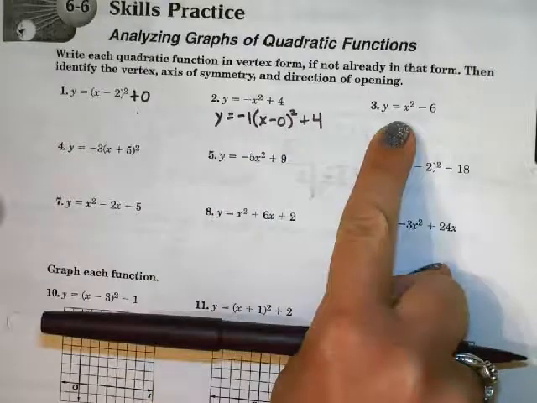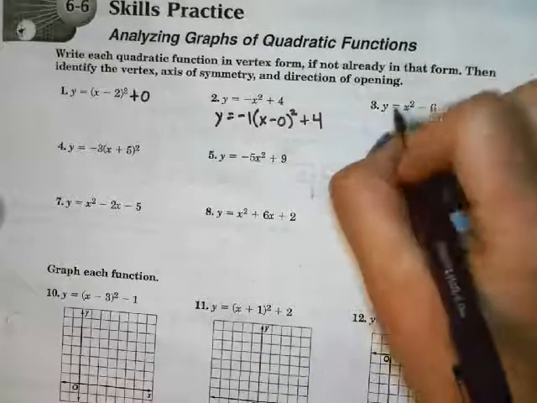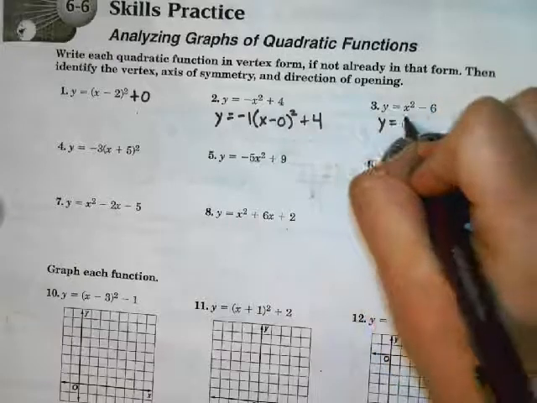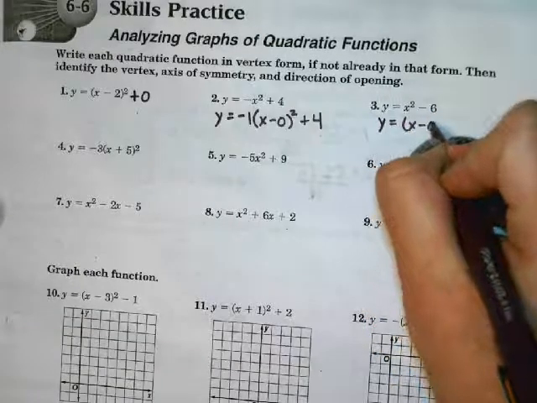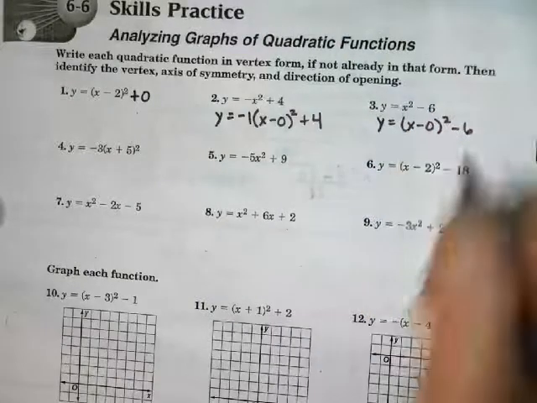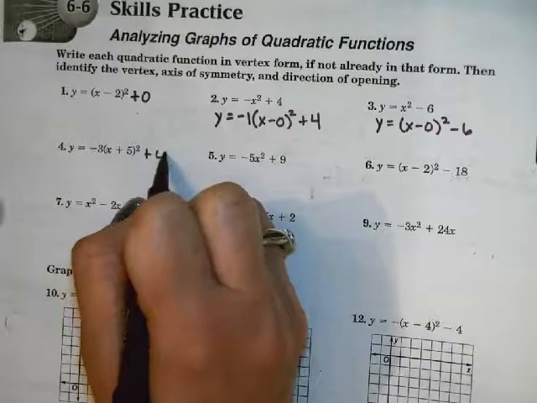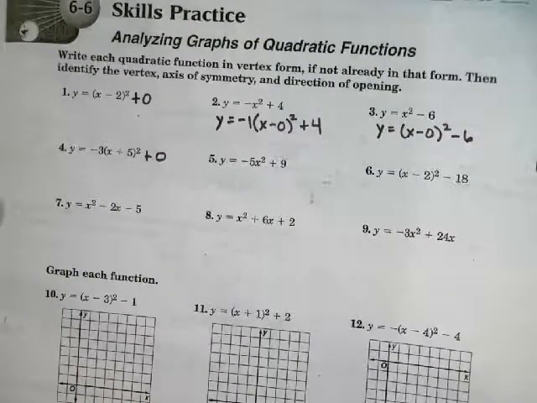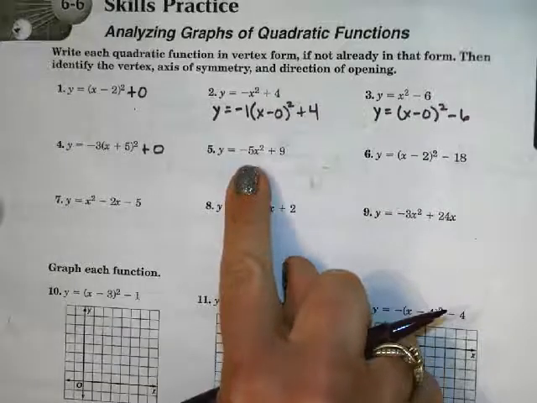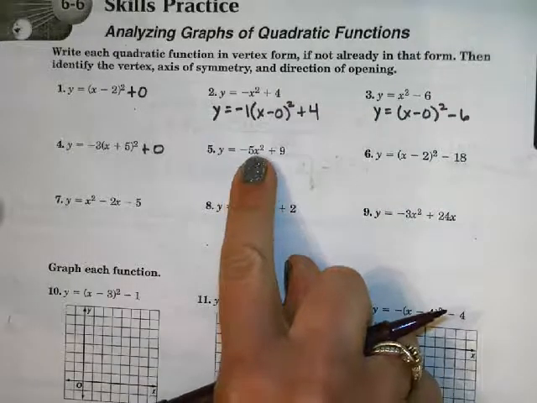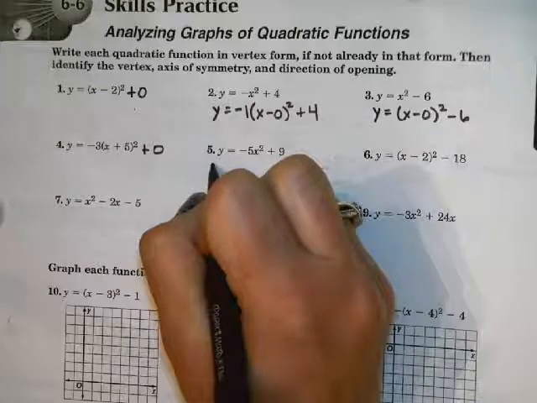Same thing with 3. I don't have to complete the square with 3. I can just put x minus 0 squared minus 6. Okay, 4, I'm just going to put plus 0. 5, I'm just going to put x minus 0 in.